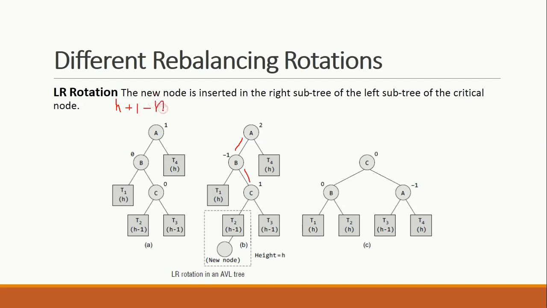Okay, fine, not a problem. So the answer would be plus 1. Fine. So suppose I inserted a node here. What happens after this? This will become h, the height will become h. So h minus 1.